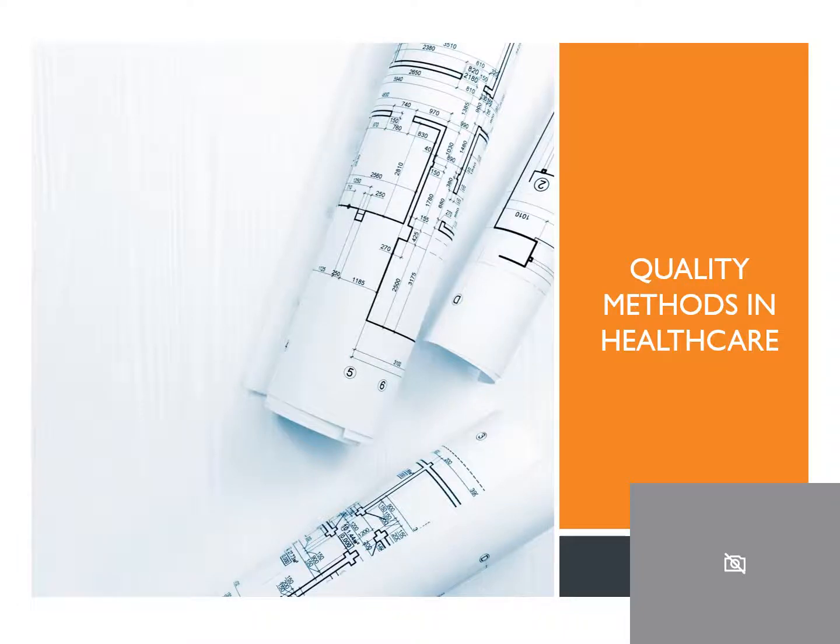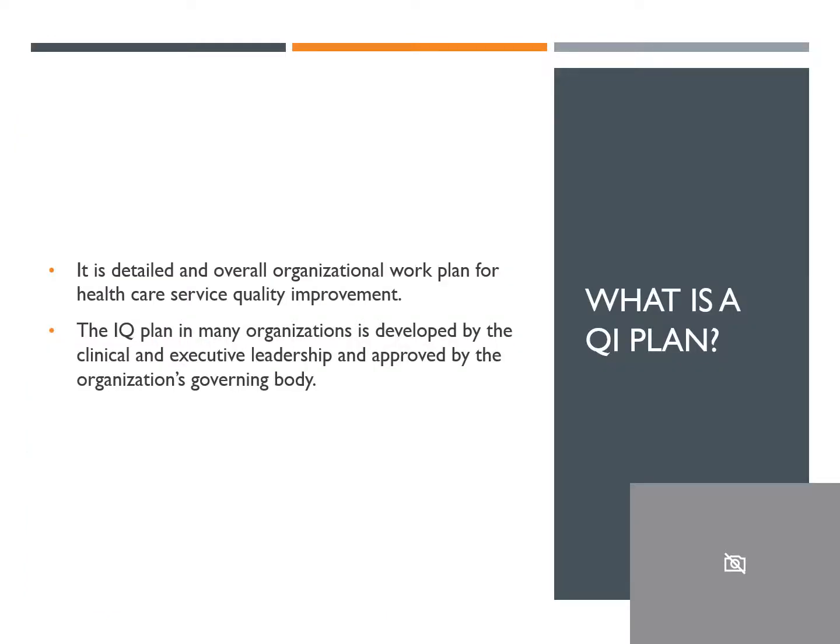Today I'm going to be talking about and covering quality methods in healthcare. What is a QI plan, or in other words, a quality improvement plan? A quality improvement plan is a detailed and overall organizational work plan for healthcare service quality improvement.